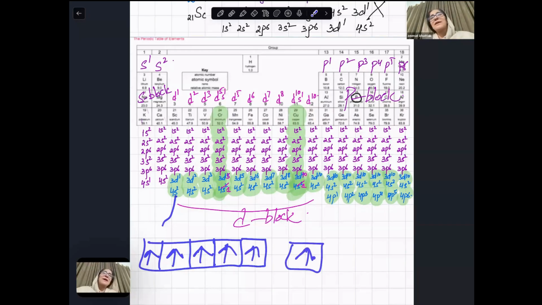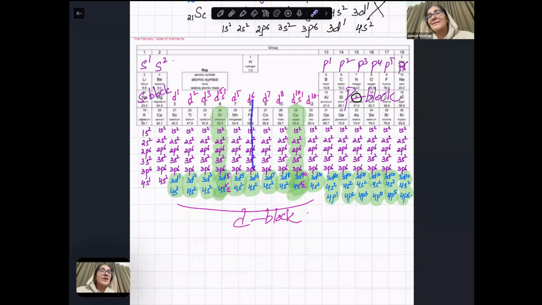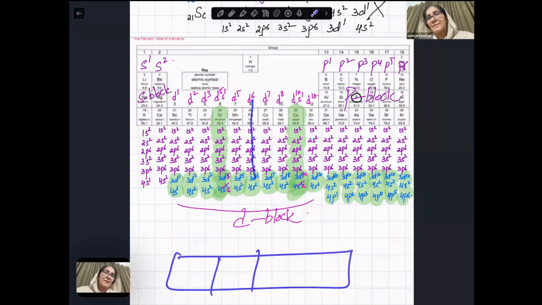How many unpaired? In chromium, it's D5S1, 6 unpaired. And in manganese, S2, 5 unpaired. If it is D6, how many unpaired?